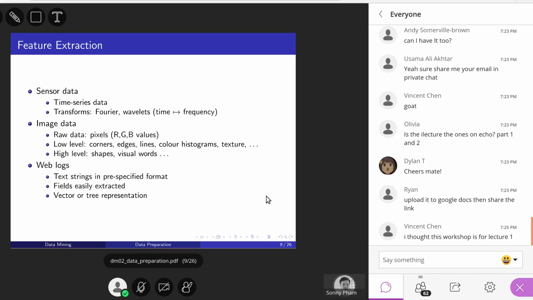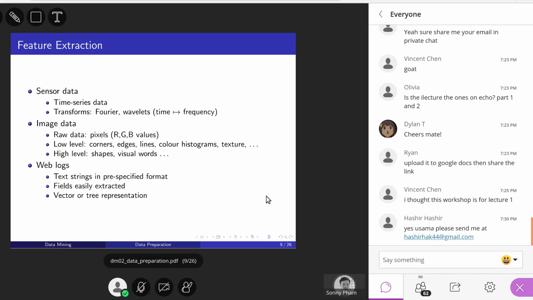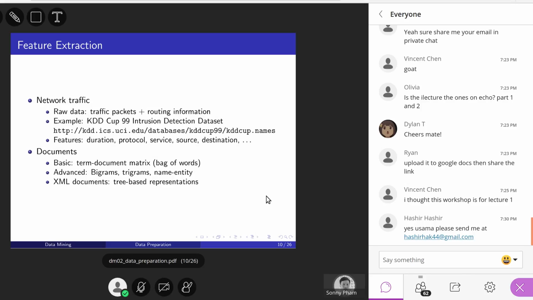If you have image data instead, then you can look for corners, edges, color histogram, texture. If you have web logs, basically the logs of people accessing websites, then you can have text strings in a pre-specified format and so on. So what else? If you have network traffic, then the raw data in this case is traffic packets.